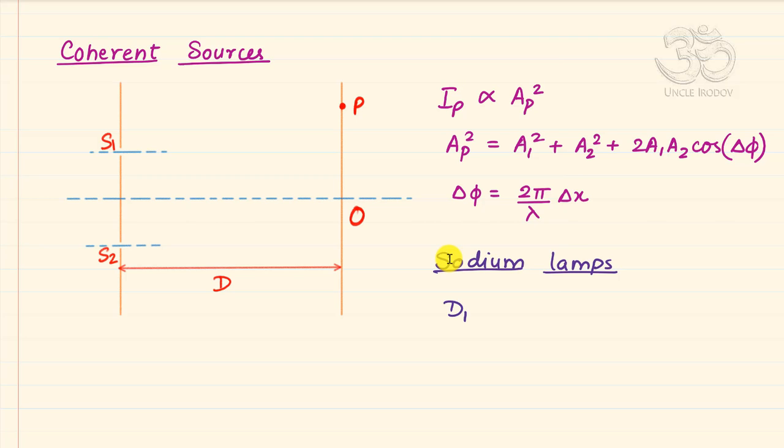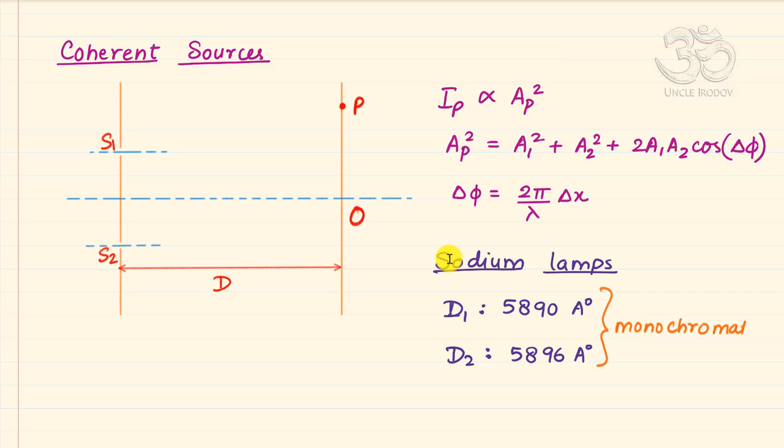There is a D1 line of sodium, I guess, which is 5890 angstroms, and a D2 line, which is 5896 angstroms, but they are very close to each other. So we are going to think of this light as mostly monochromatic.